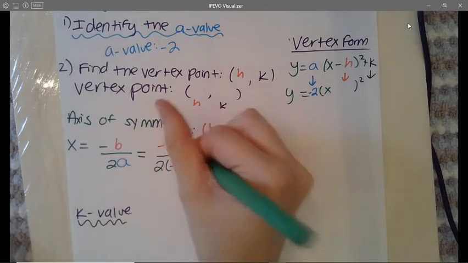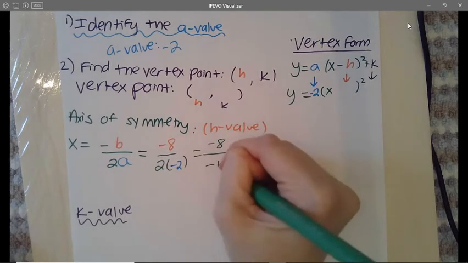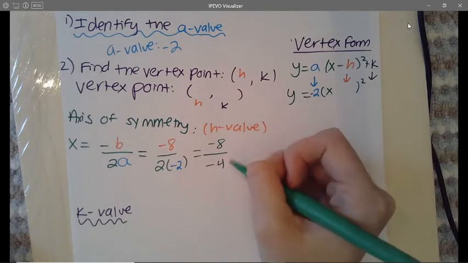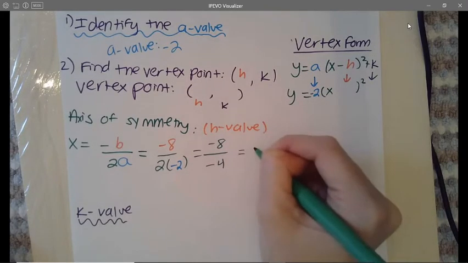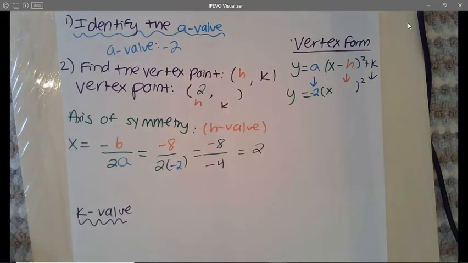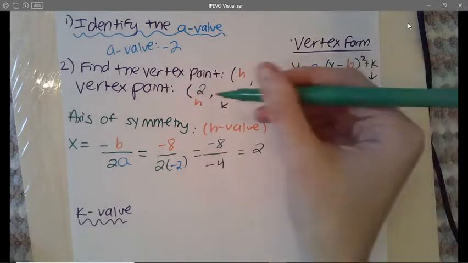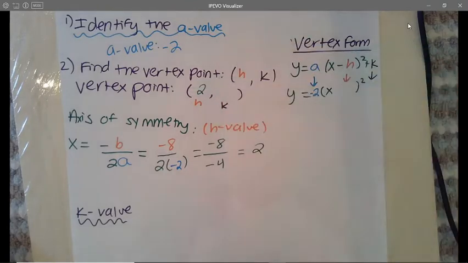So we have -8 over 2 times -2, which is -4. And -8 divided by -4 is +2. So the h value in my vertex form is +2. Or rather, the h value in my vertex point, which will eventually go into vertex form, is 2.